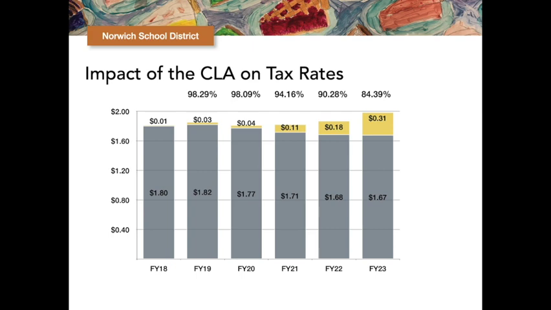A declining CLA can really have a dramatic impact on the tax rate. In fact, this year's CLA of 84.39%, almost a 6-point decline from the year before, added 31 cents to the proposed tax rate. If we continue in this direction, it will exacerbate the changes from the new weights.